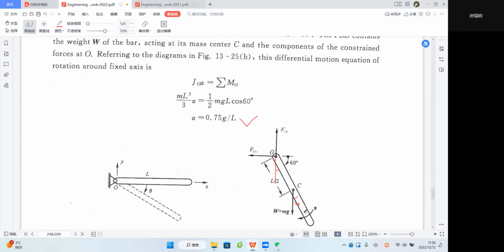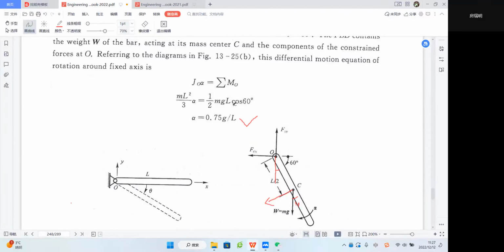So actually we can decompose this mg into two components. One along this direction, mg cosine 30, but this line of action goes through this point O. So this component will have zero moment about point O. Another will be mg sine 30, along this direction, and its arm length will be half L. So we have half L times mg sine 30.